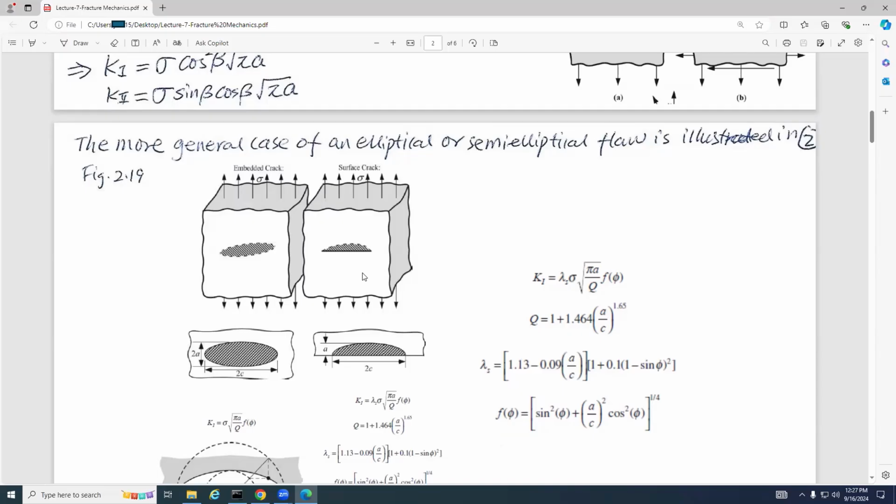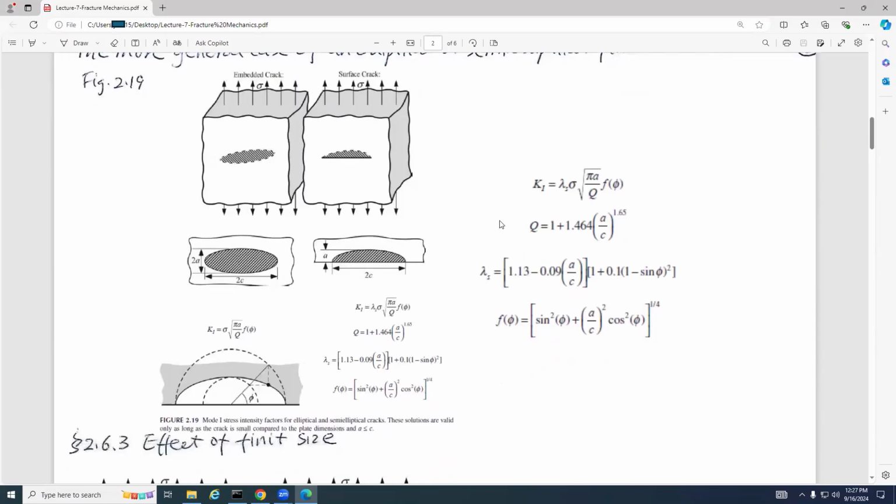Phi is orientation along the crack tip. Questions so far? A is the dimension in one direction. C is the dimension in another direction.